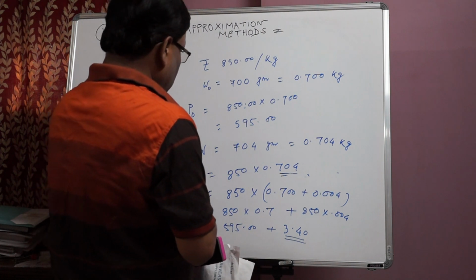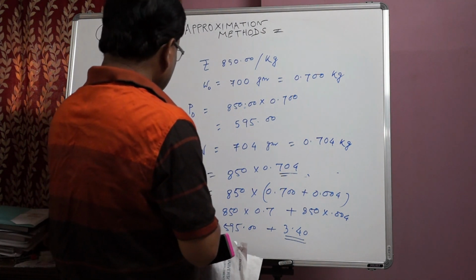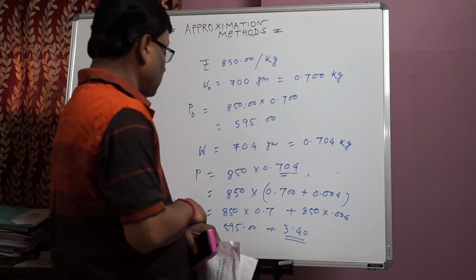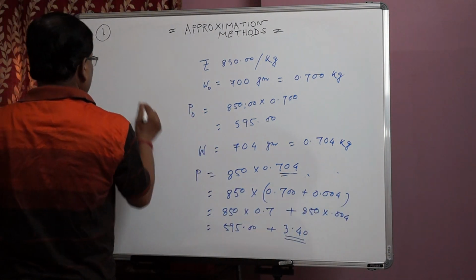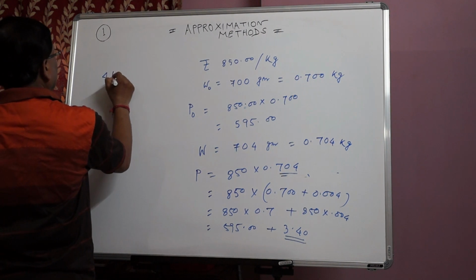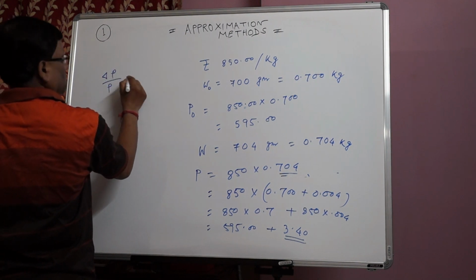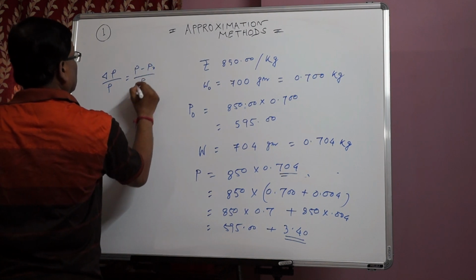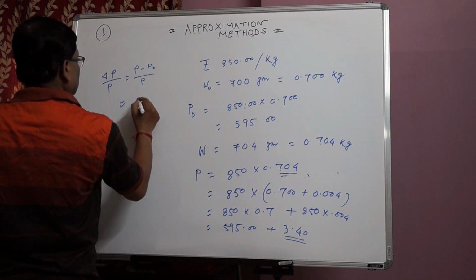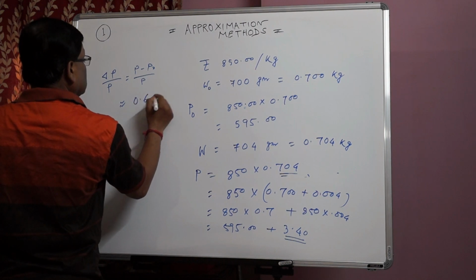So what fraction, what percentage did he lose? I can calculate this. Say ΔP by P is equal to P minus P0 by P. So it becomes almost only 0.6%.